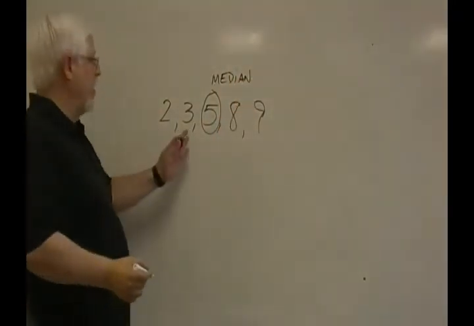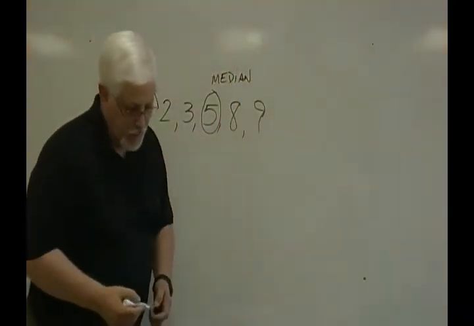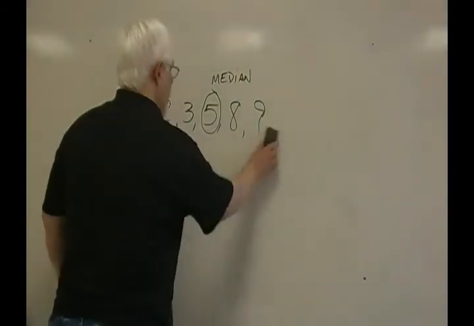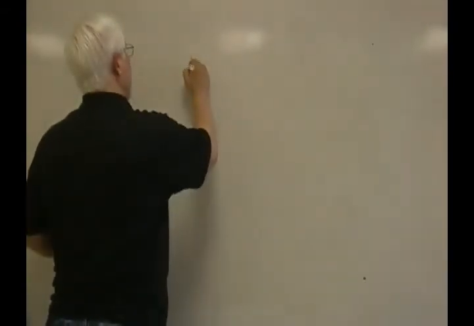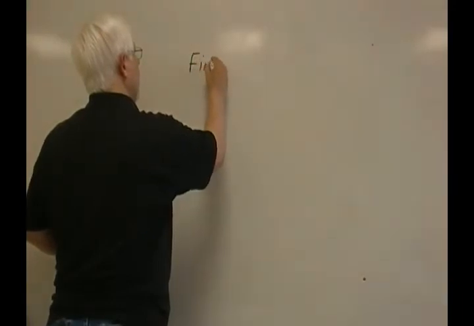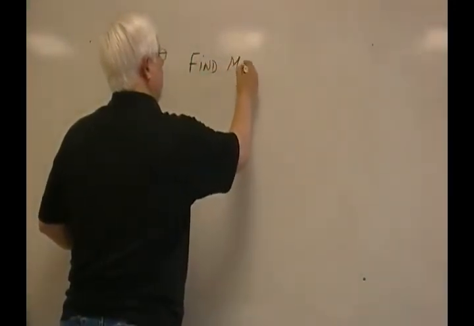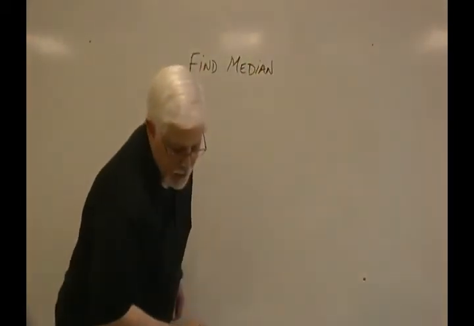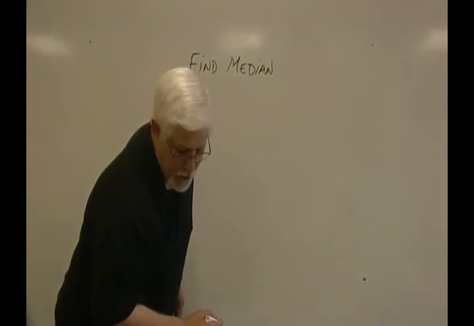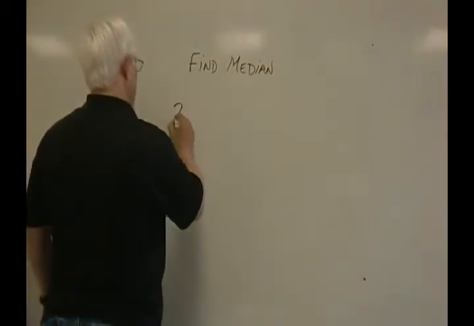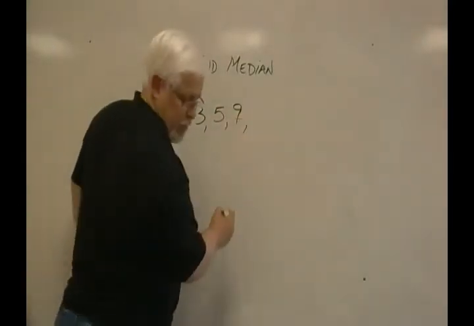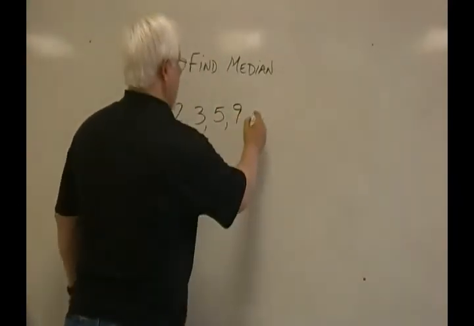What if you have an even number of values? Let's try this one. We want to find the median of the following values. They're in the middle of the page on 423. 2, 3, 5, 9, 10, and 11.